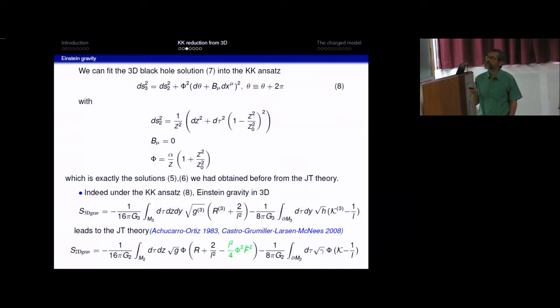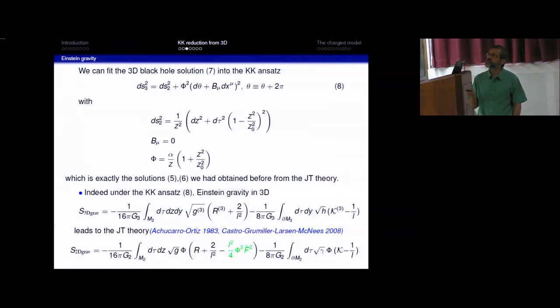So let us see, first of all, the black hole solution itself. This is our Kaluza-Klein ansatz. We take a three-dimensional metric and write it in this form. I have used a notation in which, when I write the Kaluza-Klein ansatz, I will not write dy, I'll write d theta, just to have a normalization convention of what phi is.